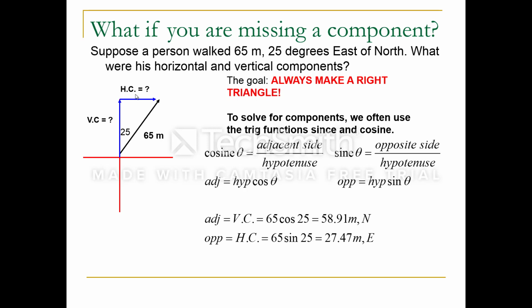So be careful how you draw your pictures. That's why I'm telling you on these problems, draw your diagram, because if you label 25 degrees and you go from 0 to the east axis and then go north of that, that would tell me right away that your components are just going to be switched. So make sure you get that right.